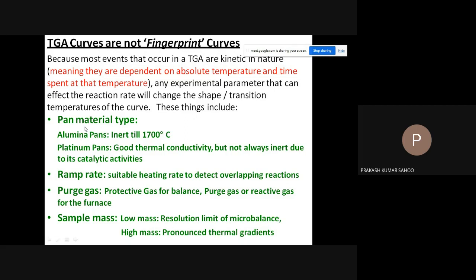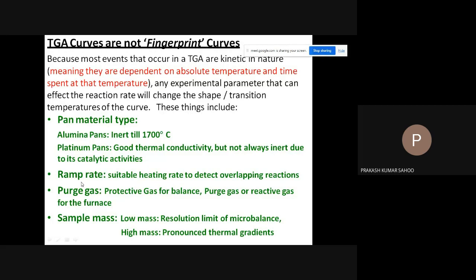pan material, that is in a thermobalance, the sample holder, also known as the pan material. Pan material may be an alumina pan, which can resist up to 1700 degrees centigrade, or it can be a platinum pan, which is very costly, but has good thermal conductivity, though not always inert due to its catalytic activity.